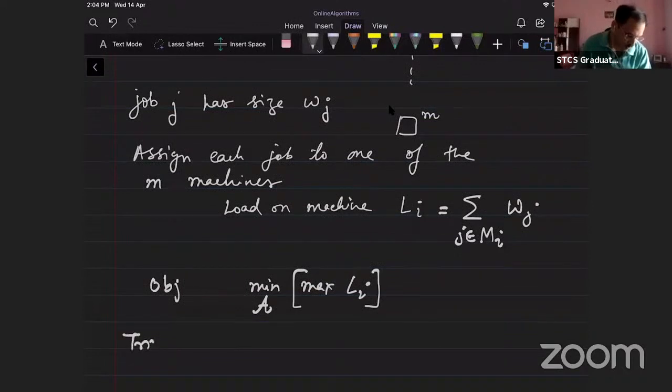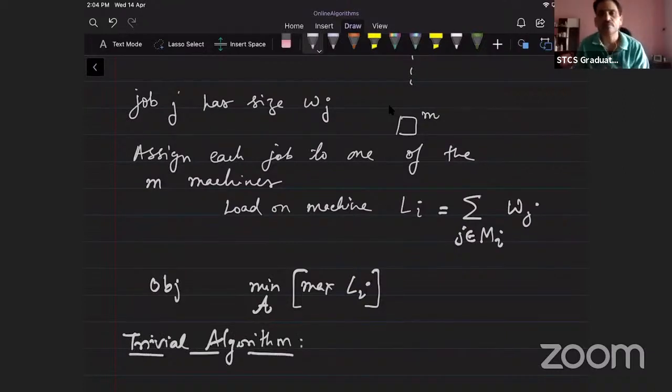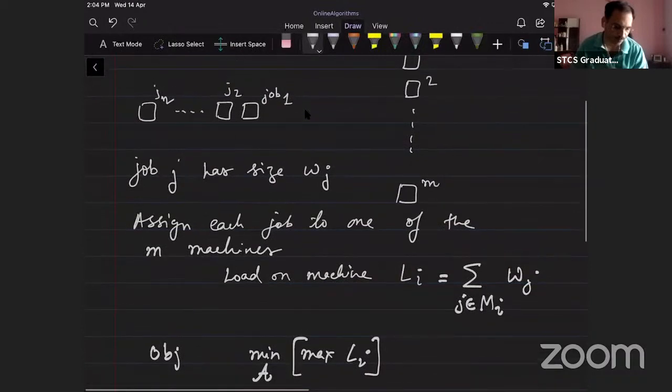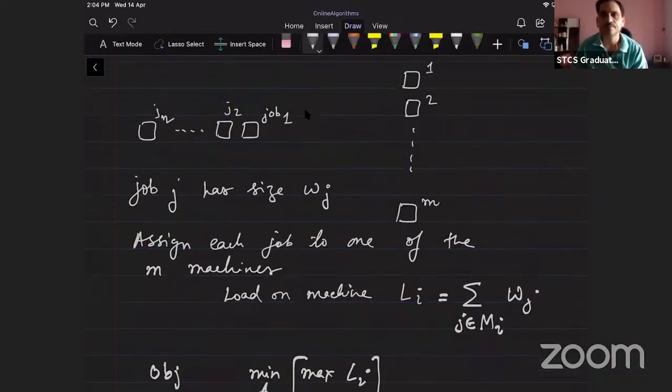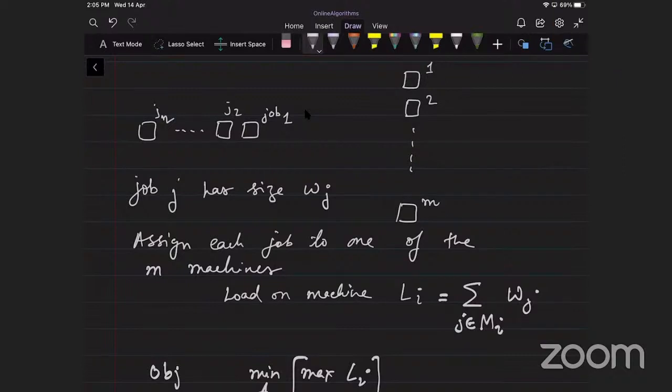So what's a trivial algorithm? If you are given this problem, what would you like to do? Anyone? Assign the job to any machine that has the capacity.